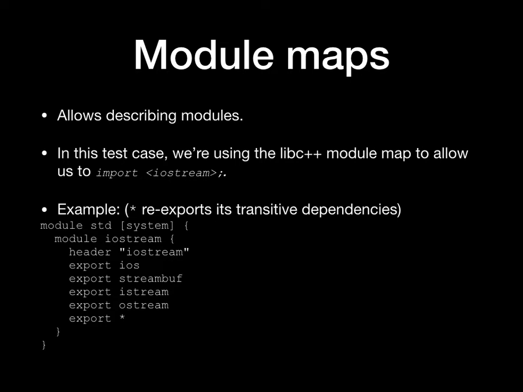Though this is probably not something you want in your own modules or in your own code, this is very, very important to convert existing codebases because sometimes you'll only be including a single header, but use functions and classes from many different transitive dependencies of that header.